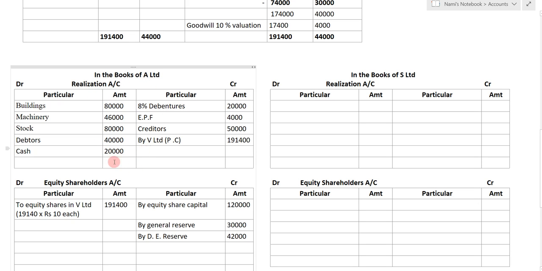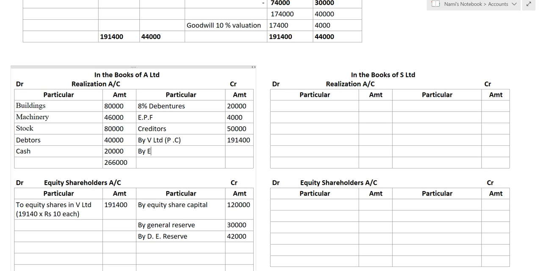So close the realization account, debit side and credit side. You will see the debit side of the realization account is more, 2,66,000. So the difference is 600 rupees. That means we have a loss on realization. This loss we have to transfer to the equity shareholders account.